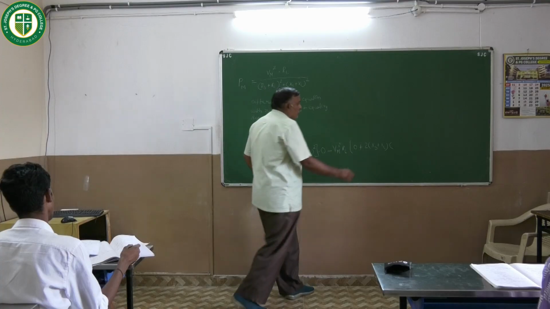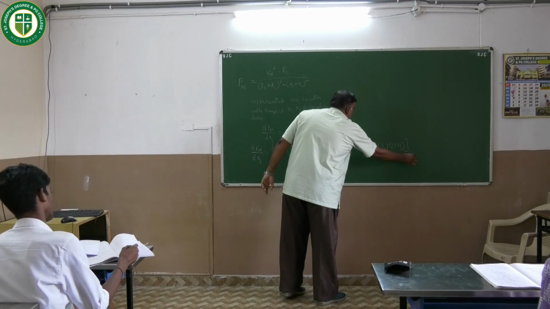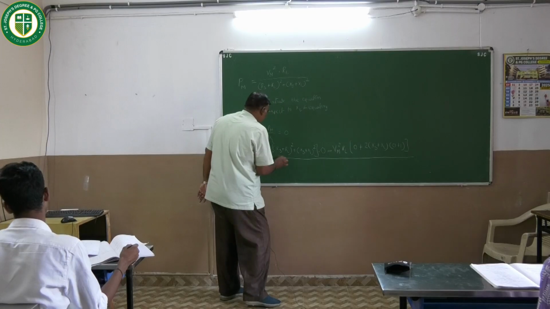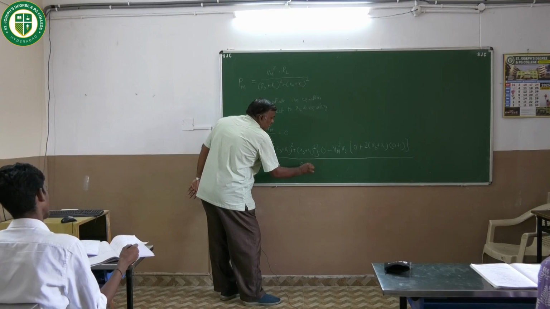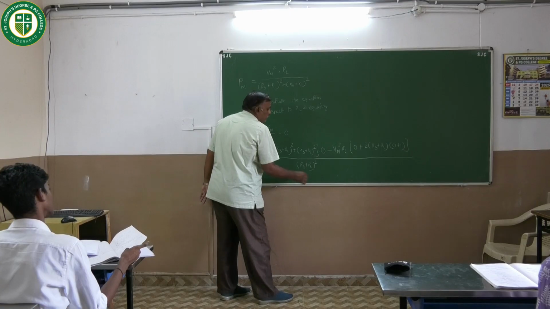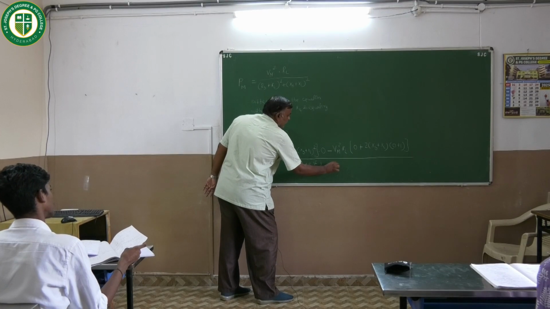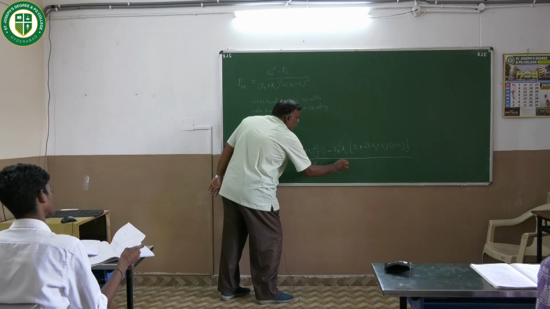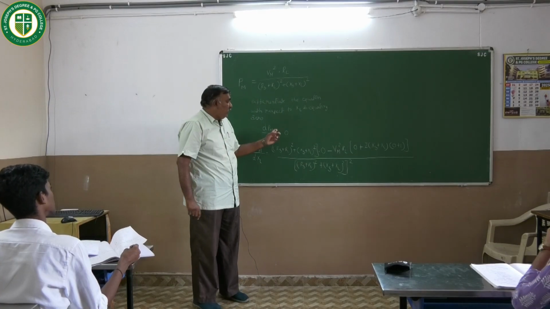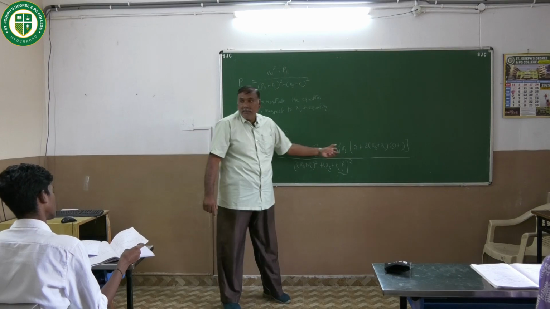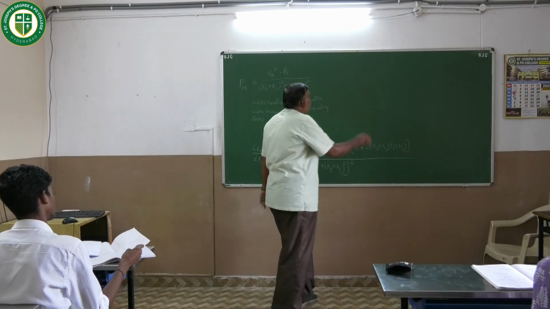XS is constant, so it is 0 plus 1, by (Rs plus RL) whole square plus (XS plus XL) whole square, because it is v into u dash minus u into v dash by v square, right?